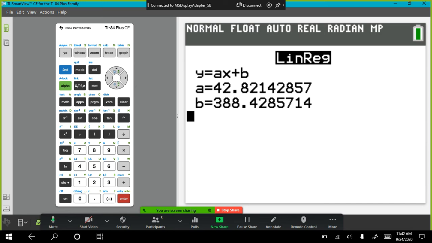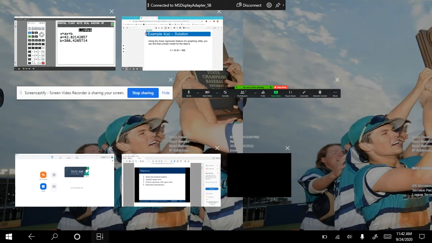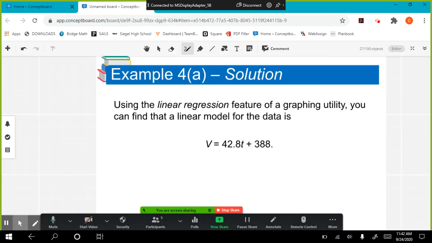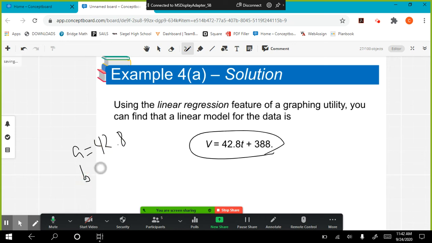So to write the equation based on this is exactly where they got this right here. The a value we said was 42.8, and the b value was 388.4. They went ahead and rounded that to 388. So the a was a slope, the b was a y-intercept, so there we can write our equation.